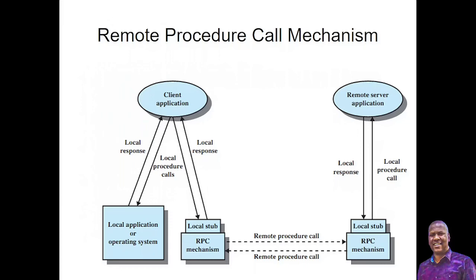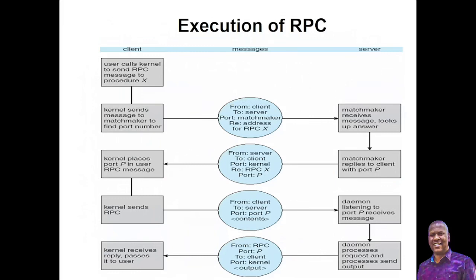That's how the RPC works, and it can be seen by looking at how the client and the server share their messages in this diagram. The user calls the kernel to send an RPC message to procedure X. There's a back and forth way of executing the remote procedural calls implemented through this diagram.